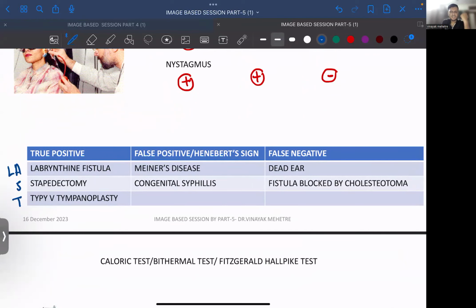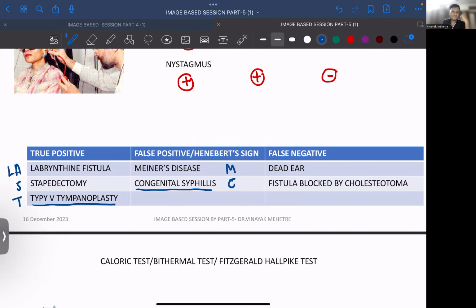Then Meniere's disease and congenital syphilis cause Hennebert sign, that is false positive fistula sign. The mnemonic is MC. At least remember this and this.